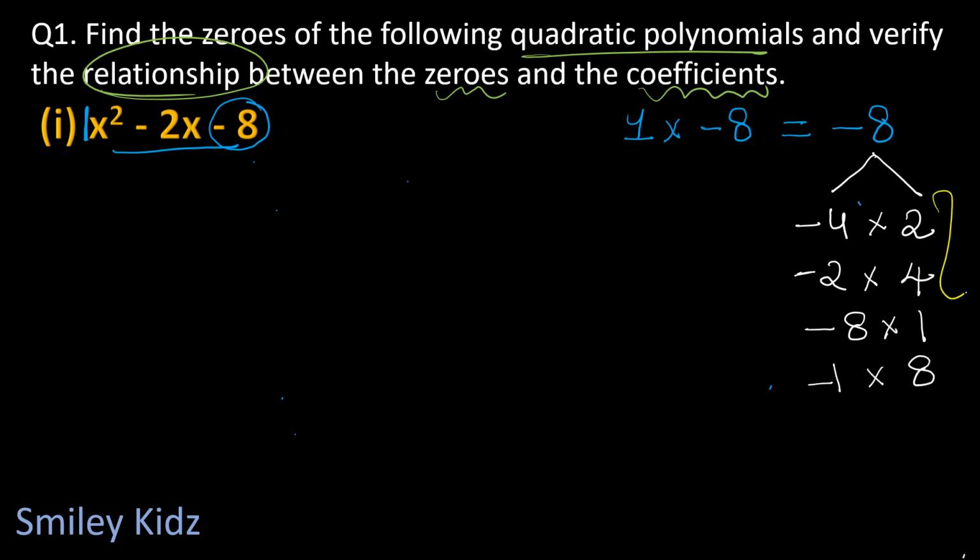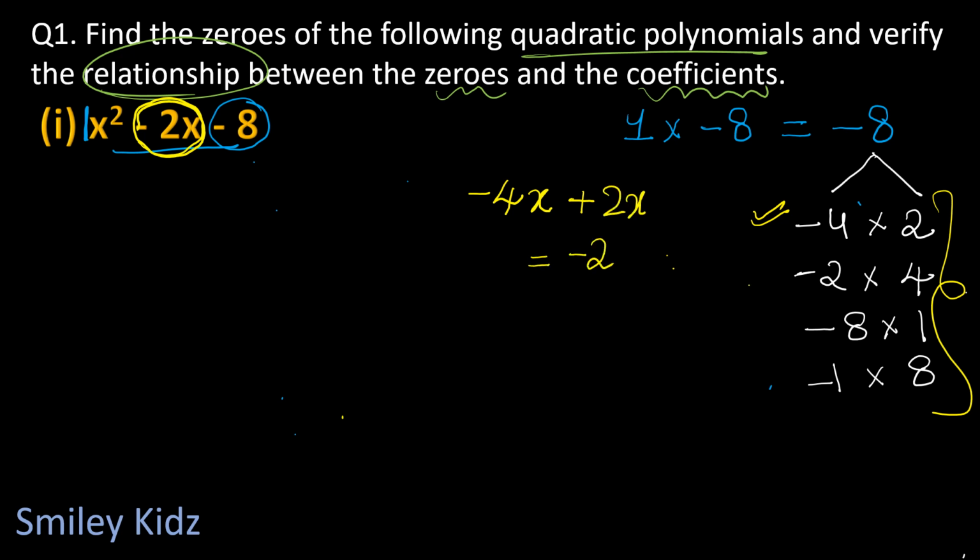Now we have so many factors, isn't it? Now we are going to find out one such factor which can result in minus 2x. That means, let's suppose the first one, minus 4x. Let's suppose plus 2x. So now we're going to subtract it and we get minus 2x, and that's what we require.